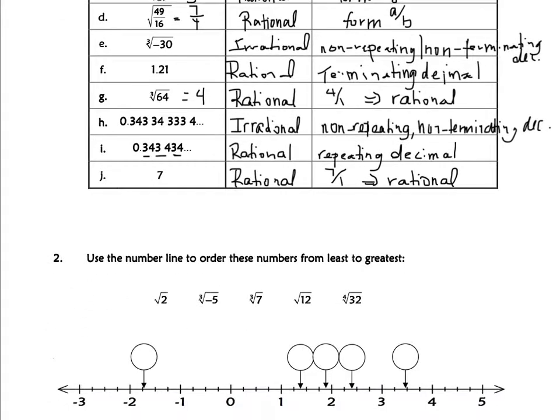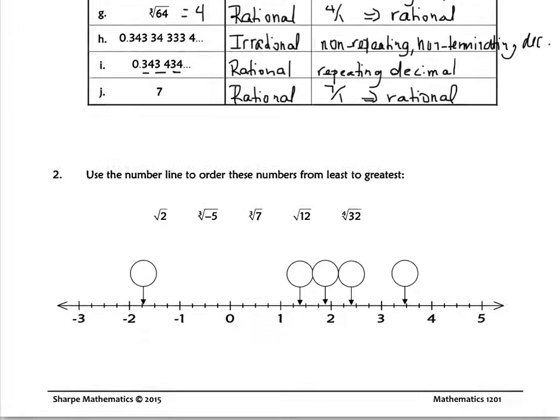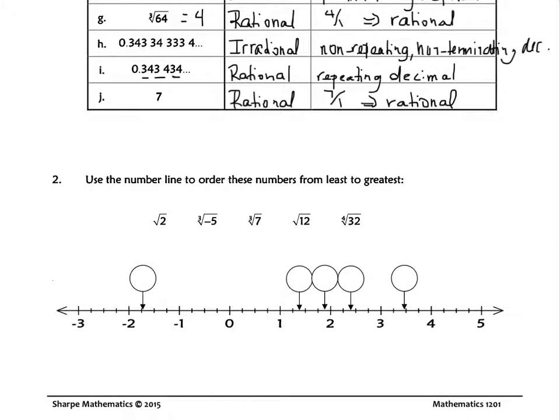All right, so now if we're going to use a number line to order these numbers from least to greatest, you might want to look at the decimal representation, and we're just going to use our calculator rather than approximation here now, but the square root of 2 is around 1.4 approximately. And then this cube root of -5 will be around -1.7.